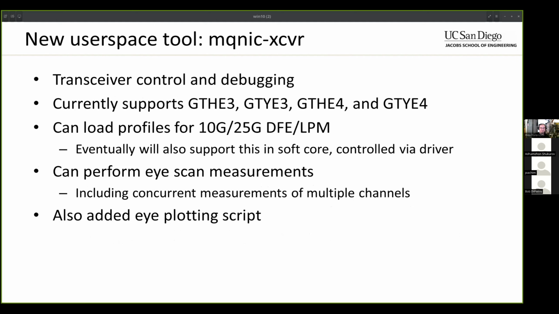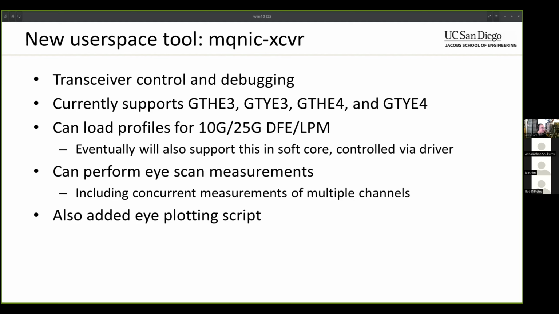Eventually, the idea is to push this particular functionality into the software, and then the driver can basically ask the software to run the link in particular configurations, and then the software will do what it needs to do in terms of talking to the transceivers.